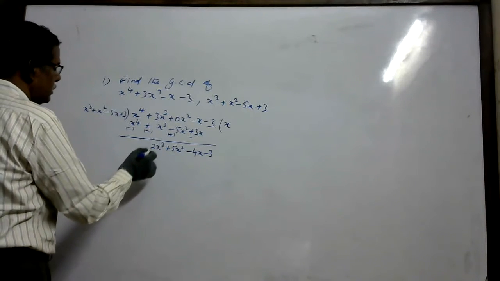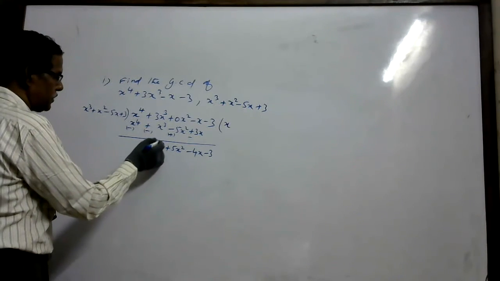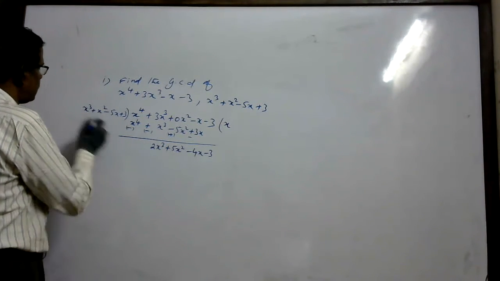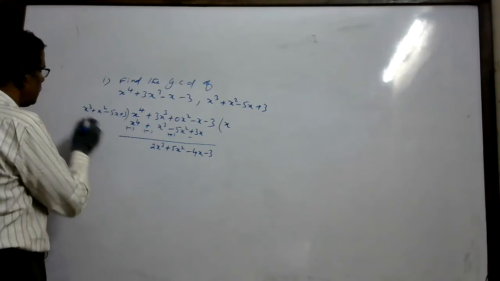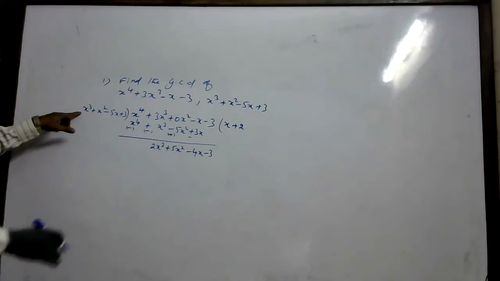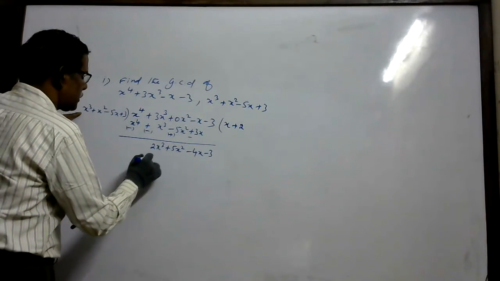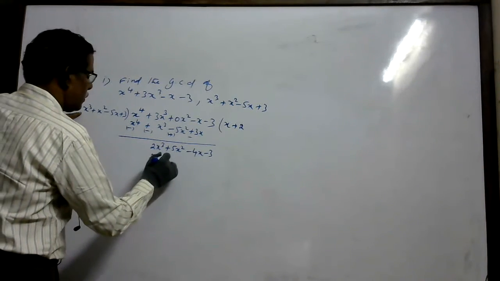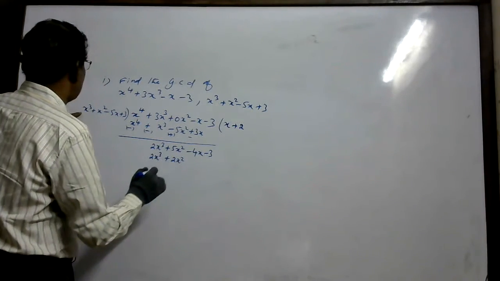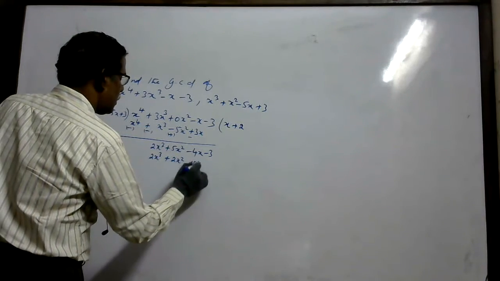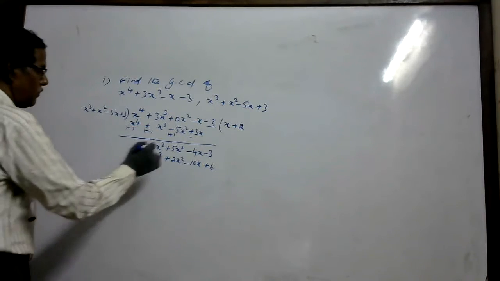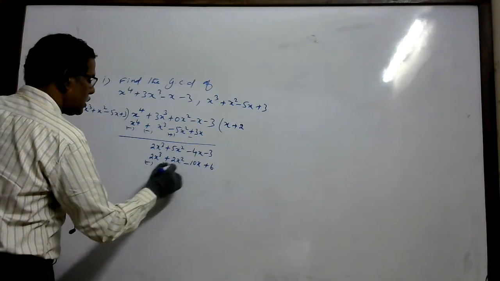The degree of the remainder is also equal, so divide the first term by the first term. 2x cube divided by x cube is 2, so plus 2. Now, multiply this by 2: 2x cube plus 2x square minus 10x plus 6. For the subtraction, change the sign.